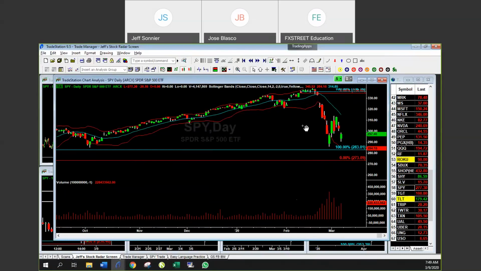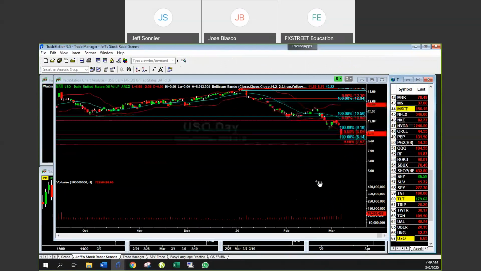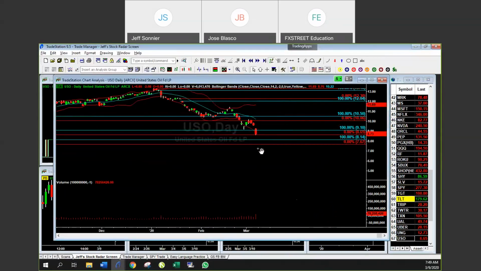And these stocks that I have in here are pretty liquid. We all know what's going on with oil, and it's probably blown through every single one of my zones that I've had here. But it's down to, what's it at? $6.65. And yeah, it's blown through this zone. It's going to blow through this zone.